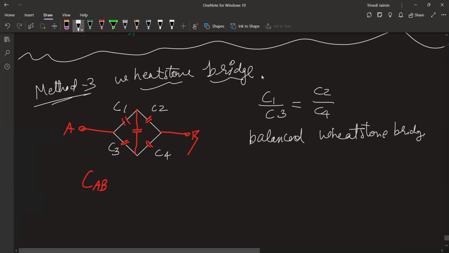In that, no charge is accumulating in C5.